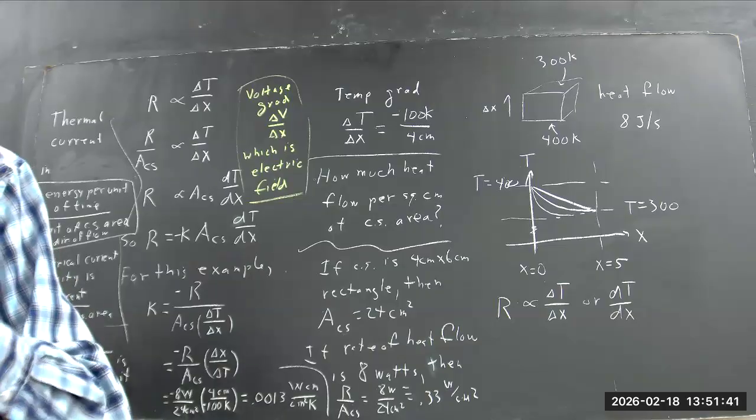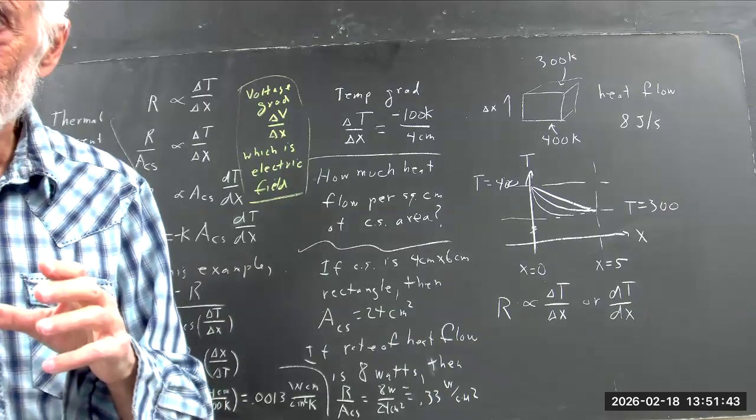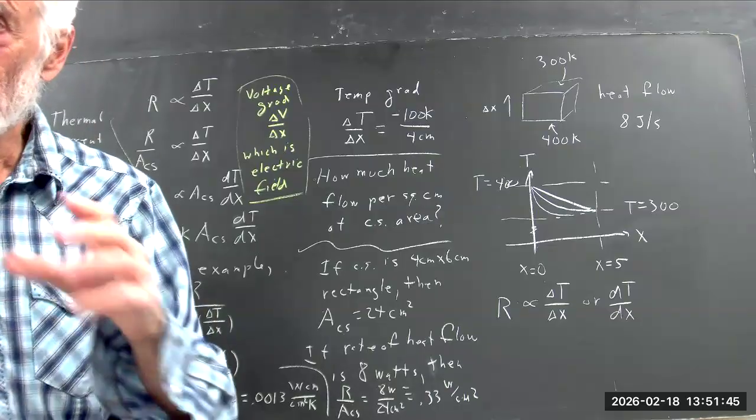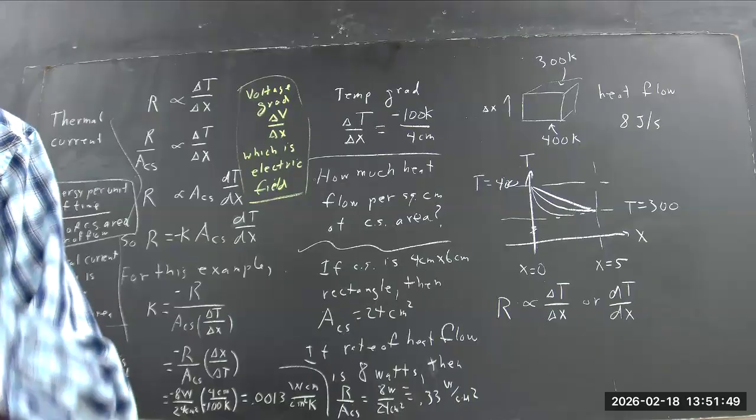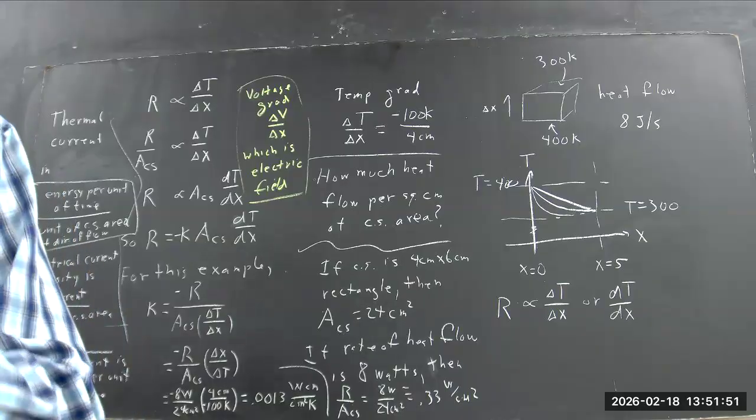So there's not a perfect analogy, but it's a close analogy in the form of the equations, in the form of the formulas, in the form of the concepts. It's very, very similar.